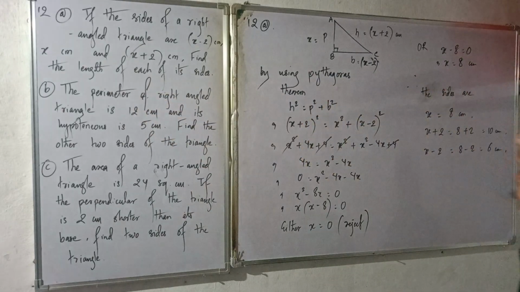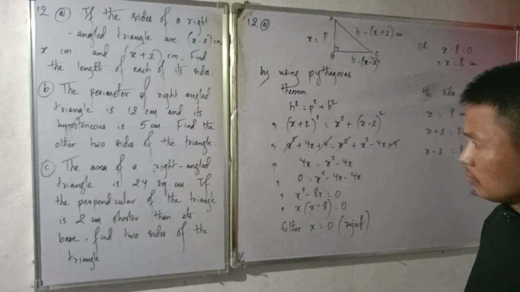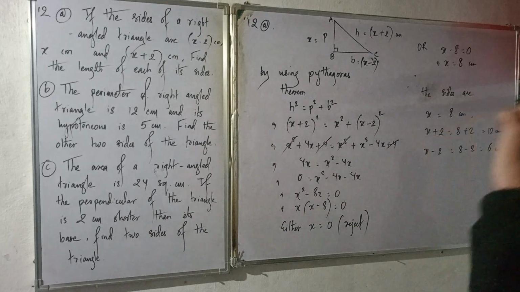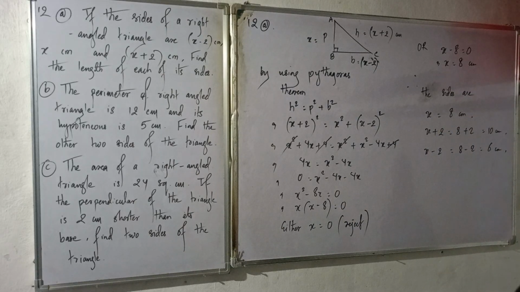The perimeter of a right angle triangle is 12 centimeter and its hypotenuse is 5 centimeter. You have the perimeter given and its hypotenuse is given as 5 centimeter. Find the other two sides of the triangle. I think this will be a little bit lengthier, but it will happen.